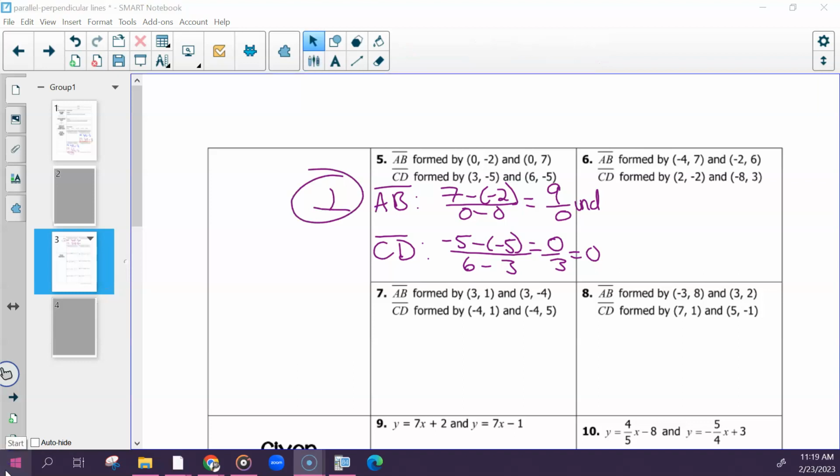Before we left, I was mentioning that these are the type of problems you need to be careful about, because if you don't switch these to undefined and 0, you may get the wrong answer. Questions on how to find if these are parallel, perpendicular, or neither from slopes?